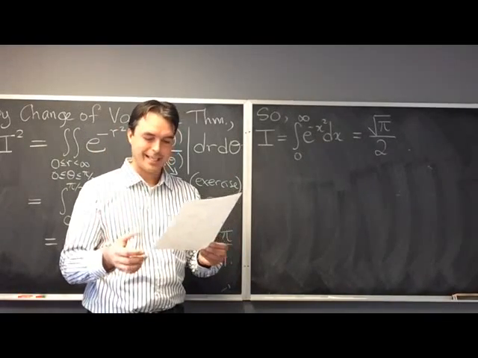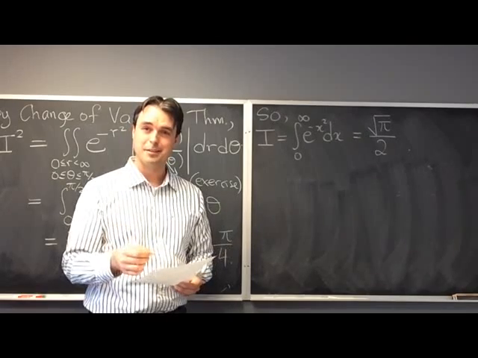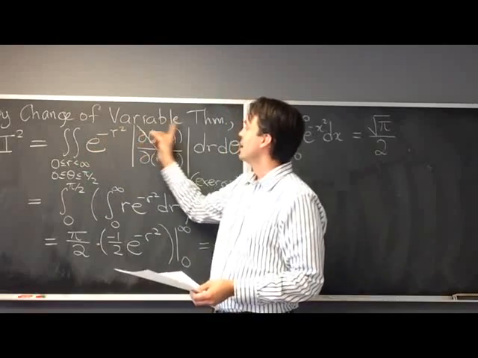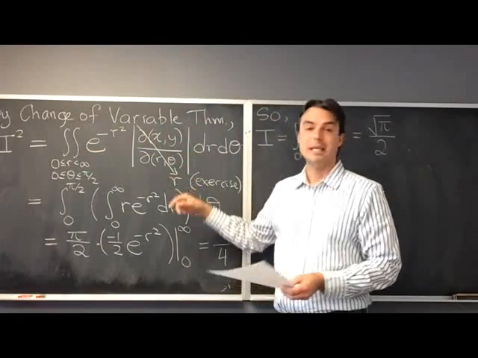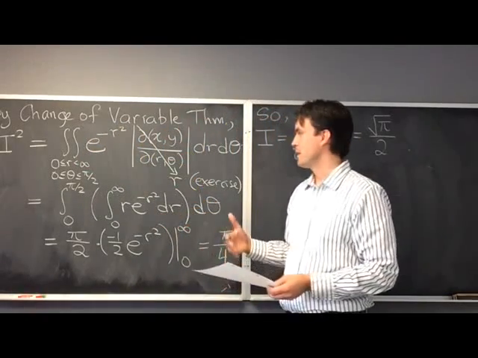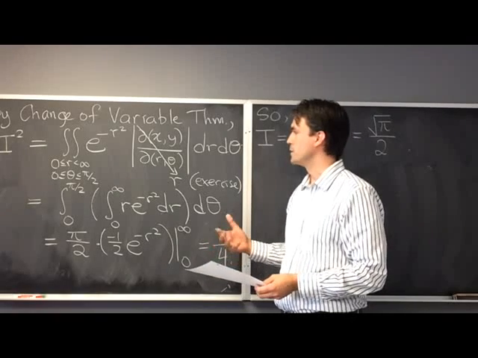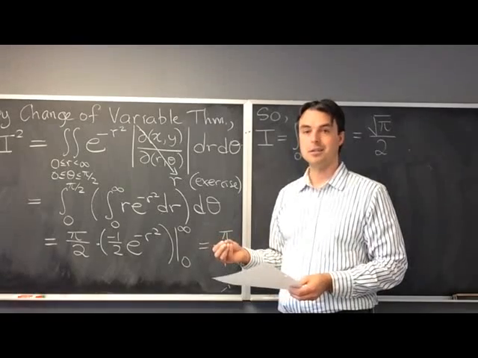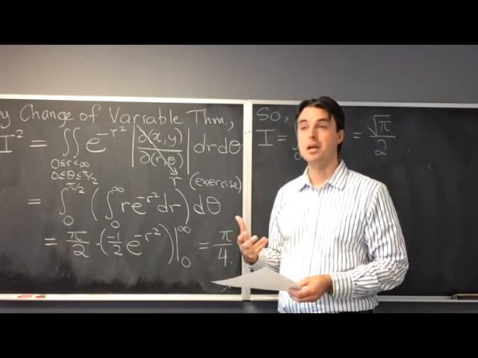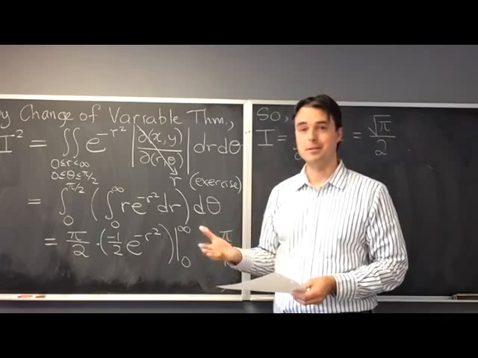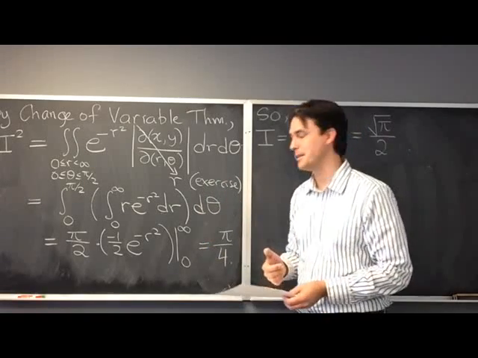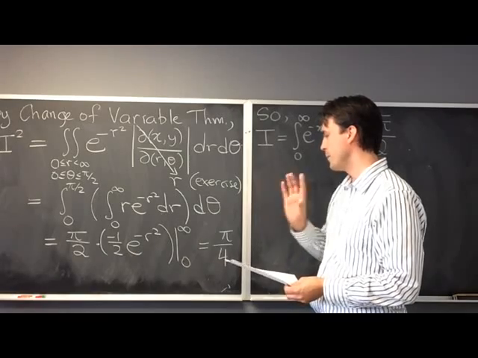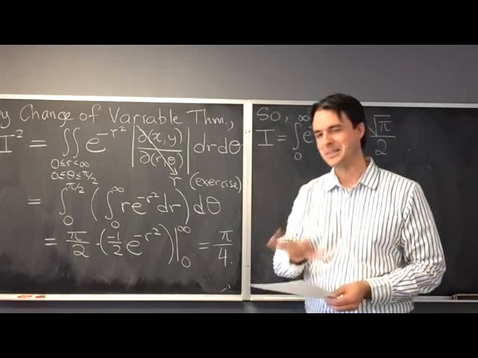The other comment is you might not have noticed, I didn't check the condition on the change of variable theorem, which not only requires the functions to be nice, continuity-wise, which is fine, but the Jacobian is supposed to be non-zero, right? You're supposed to have an invertible mapping, which would mean the Jacobian has to be non-zero. Or actually, sorry, it doesn't mean that. But anyway, we usually assume the Jacobian's non-zero.